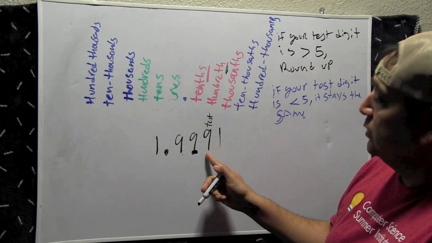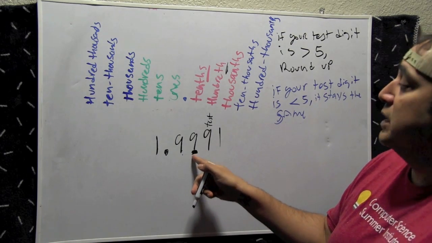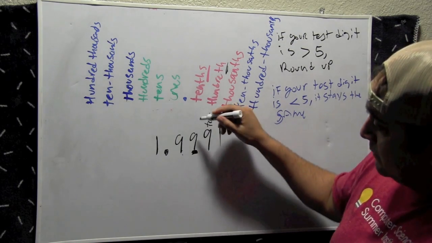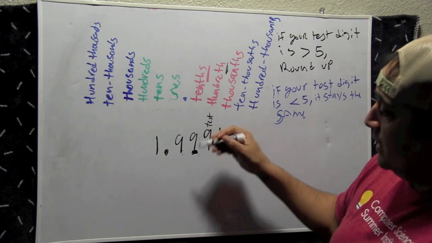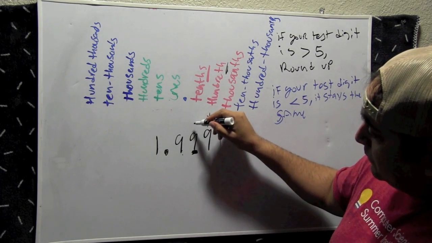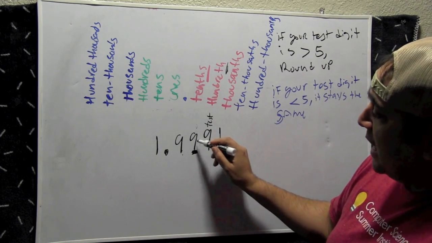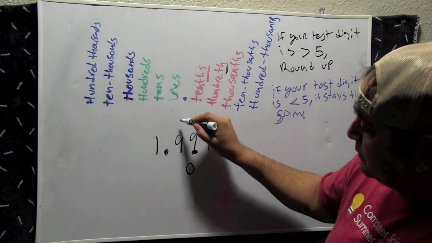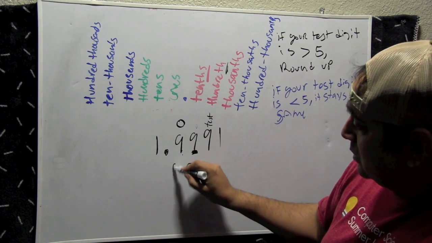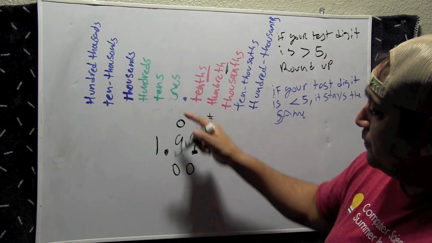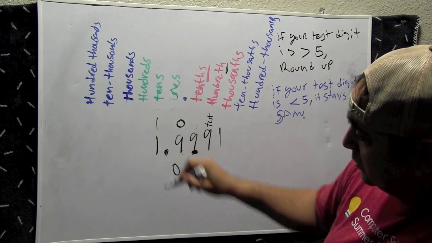So this is going to change. It's 9, so it becomes a 0. It actually becomes a 10. So from 9 you go to 0, and this becomes a 0 also. And you carry the 1 over here.